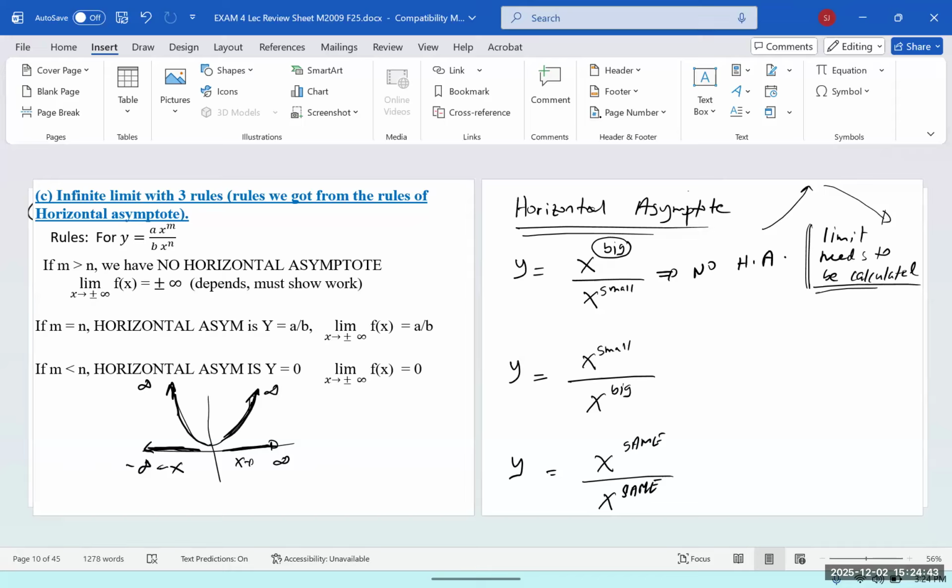There is no asymptote horizontally. So what's the y value? You have to find it. The answer will be either positive infinity or negative infinity. You have to figure that out.